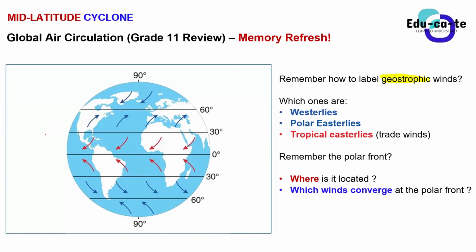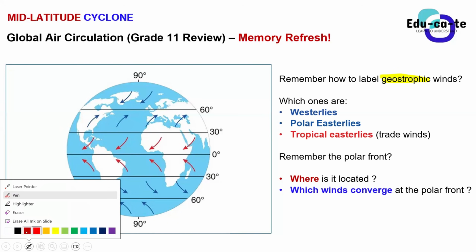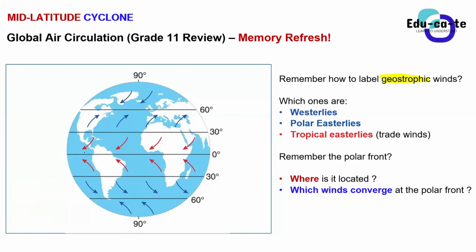Yes, Tahatso? We find them between the 30 degrees to 60 degrees lines of latitude, meaning the blue ones. Yes, so you can see that here, this is the 30-degree line of latitude, and this is the 60-degree line of latitude. I'm sure this is the Earth. It has these imaginary lines.